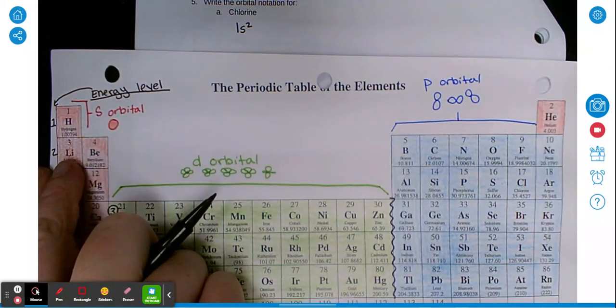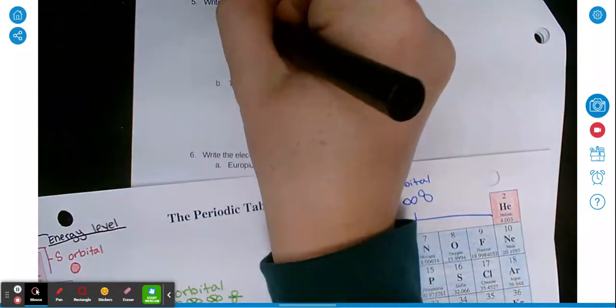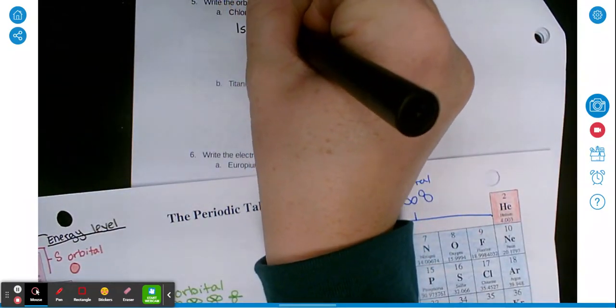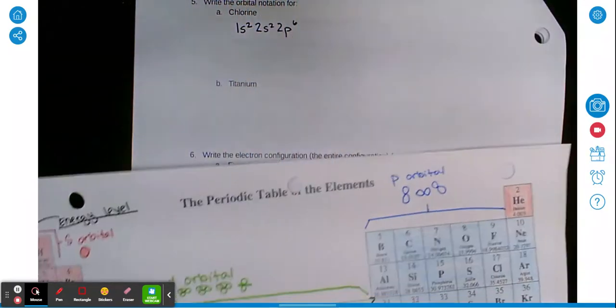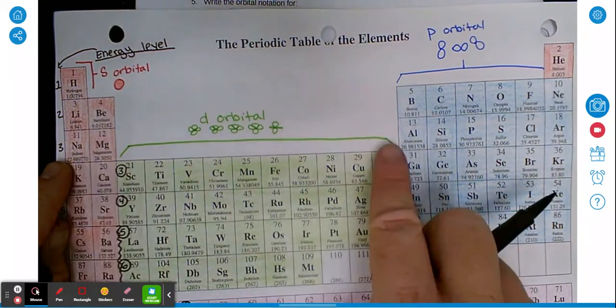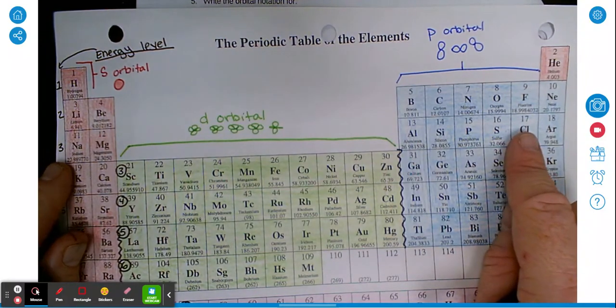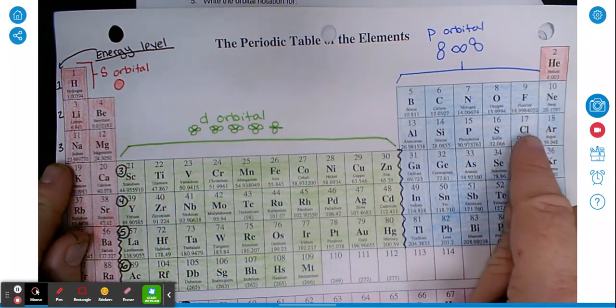Energy level 2, 2s2, 2p6. Energy level 3, 3s2, 3p. Chlorine is in this energy level, so I have to count. 3p, 1, 2, 3, 4, 5.